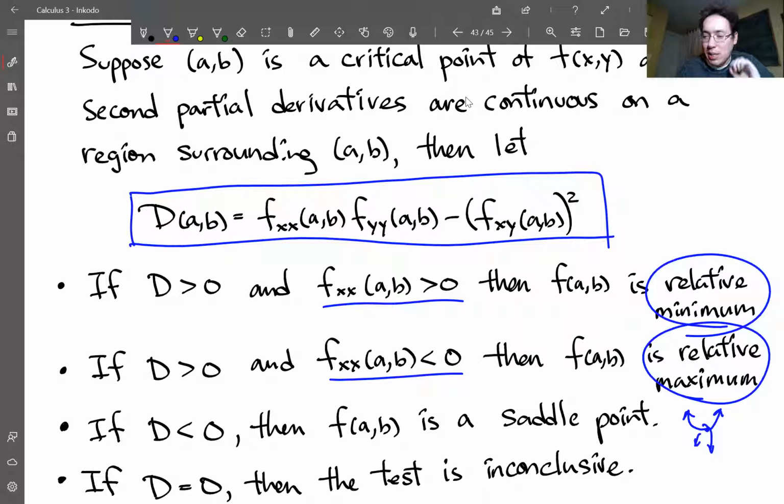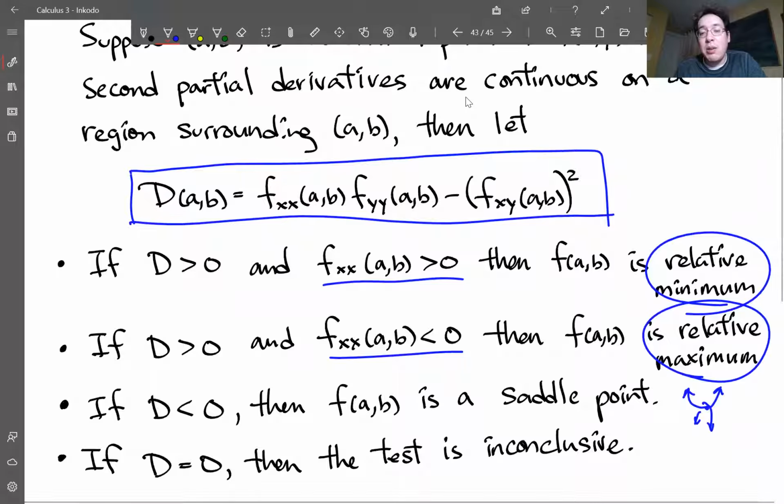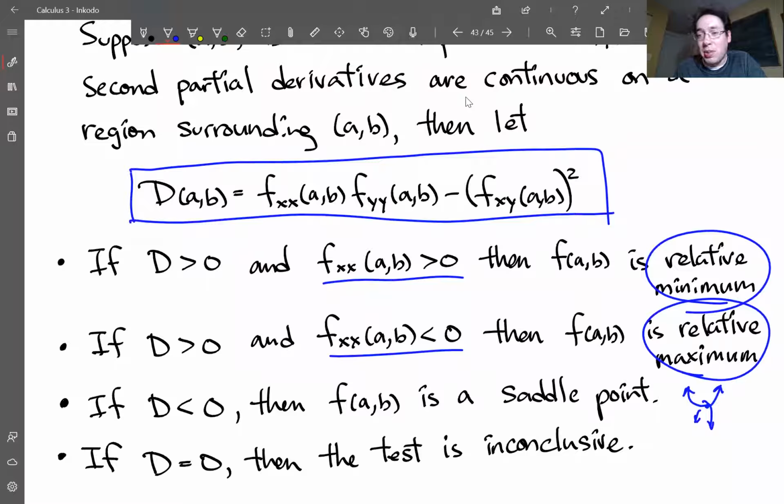So it's neither a maximum nor a minimum. If D happens to be exactly 0, the test is inconclusive. It could still be a maximum, a minimum, or a saddle point. The test doesn't tell you which is true, unfortunately.